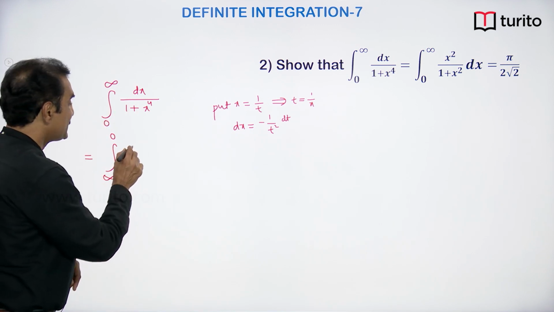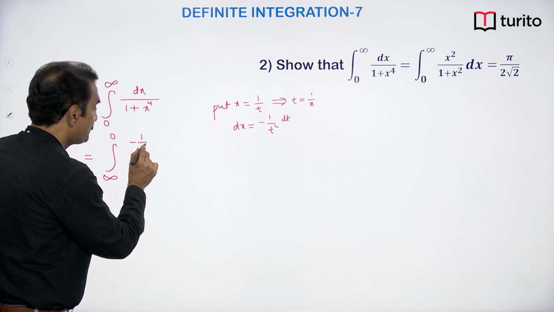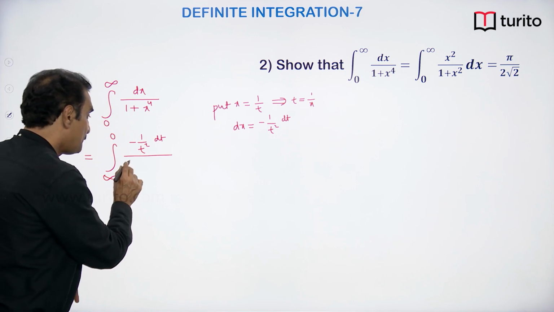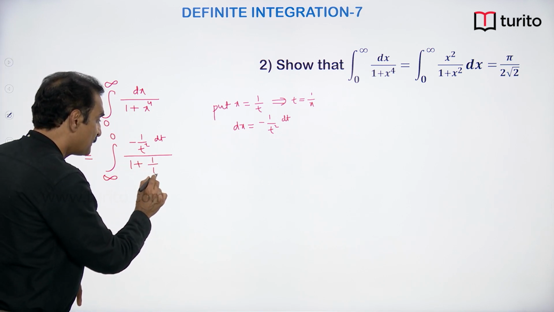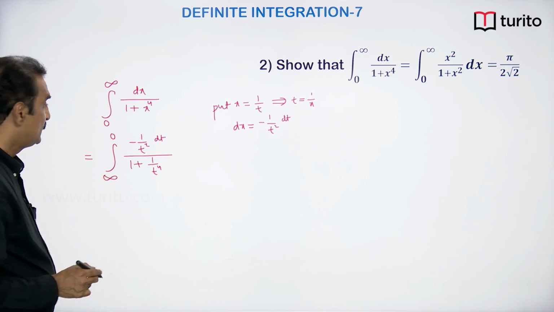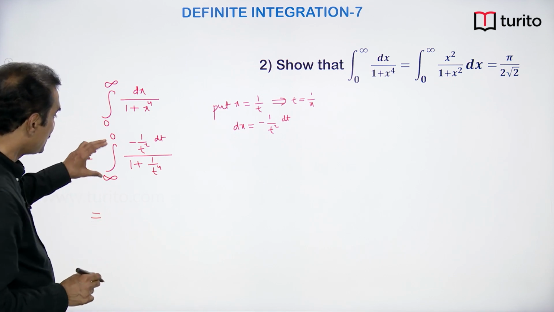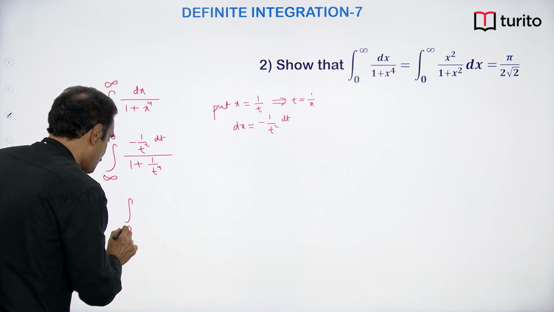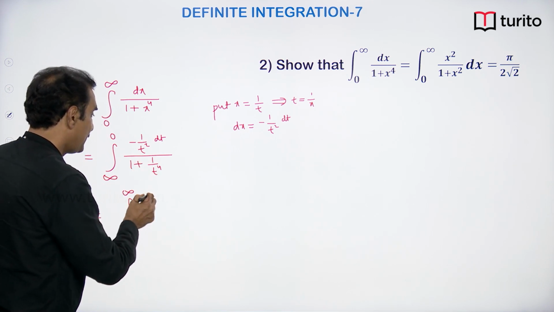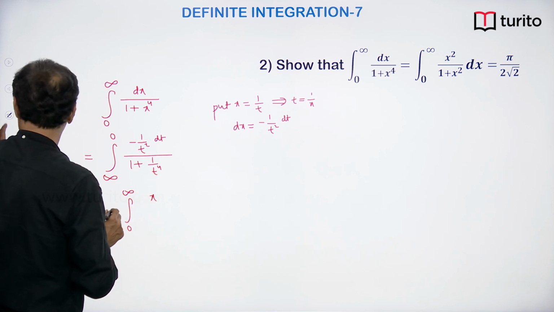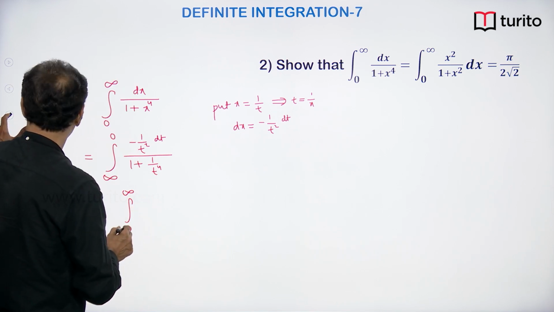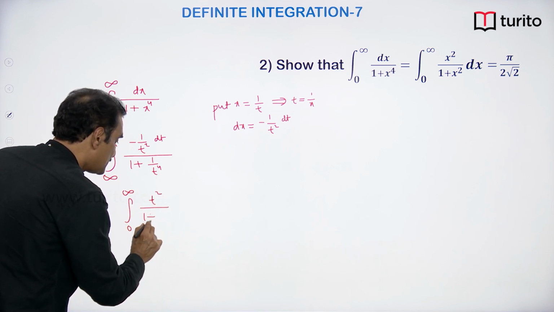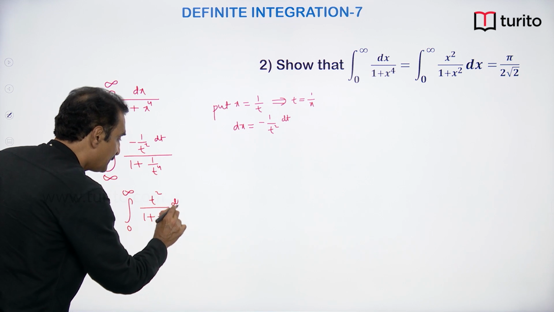Now, dx is minus 1 by t square dt, by denominator 1 plus 1 by t power 4. Now, interchange the limits and remove this minus sign. You will get integral 0 to infinity, simplified, t square by (1 plus t power 4) dt.